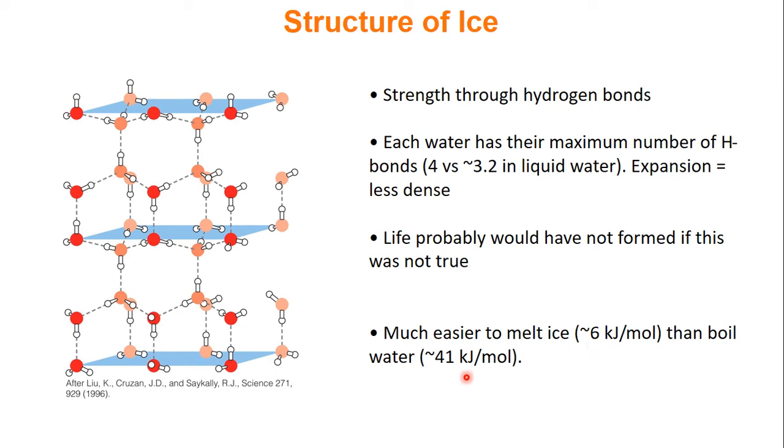While if you're going to boil water, you're breaking every single hydrogen bond in water to make it a gas. That takes a lot of energy, roughly 41 kilojoules per mole. That's why if you have a block of ice on the stove, that block of ice is going to turn to water much faster than it will turn to gas.